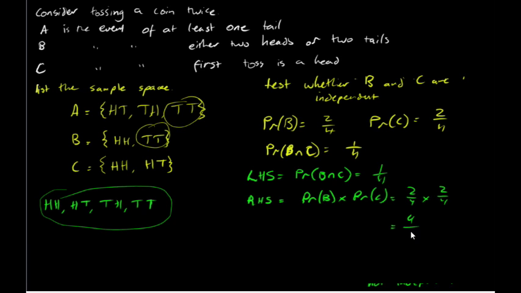So we get 4/16, which is 1/4. Now, because this number and this number are the same, we can say the left-hand side is equal to the right-hand side. So therefore, B and C are independent events.